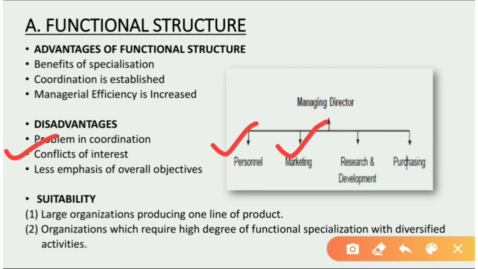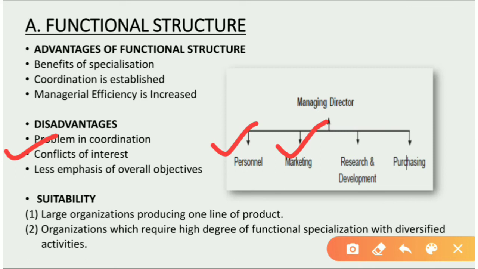For example, say the sales department is there. The sales department wants to increase the sales, so for increasing the sales they want to give discounts to the consumers. But for that purpose they need what?